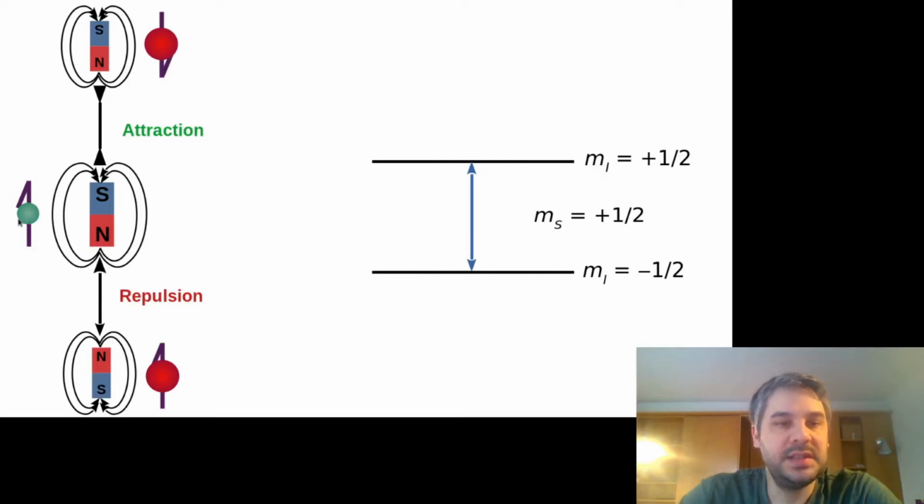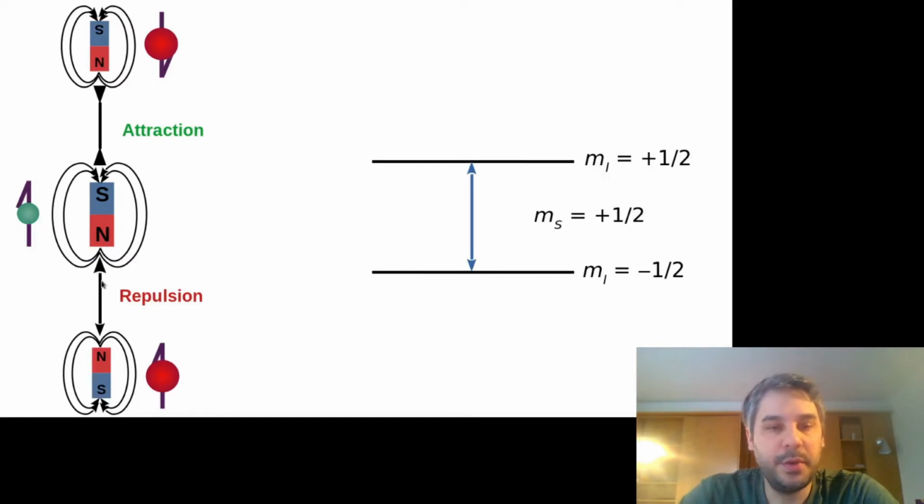So this means that the electron and nucleus spin point in the other direction. So for example, in this direction, for ms equals +1/2, the lower energy state will be with mI equal -1/2, and the opposite case will produce a repulsion.